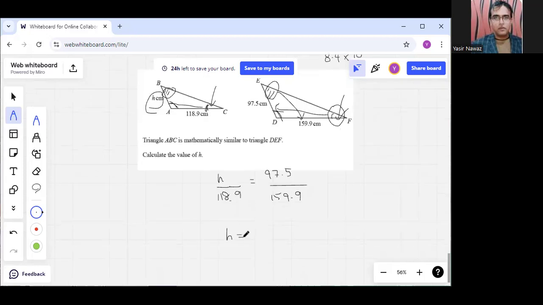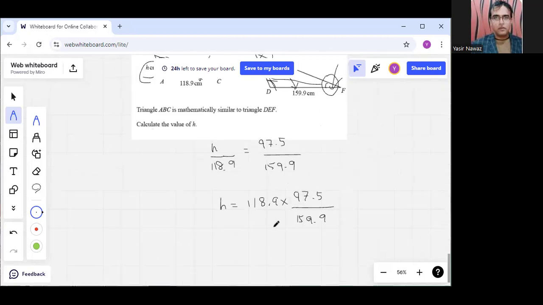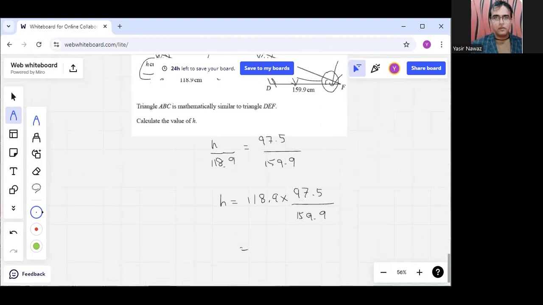In similar triangles, this kind of thing happens. So that's 97.5 over 159.9. Now I will use the calculator. It's 97.5 divided by 159.9 multiplied by 18.9, so it's 11.5.